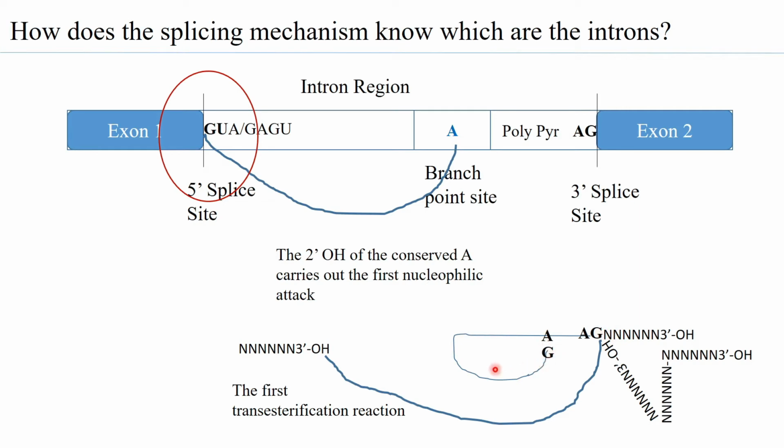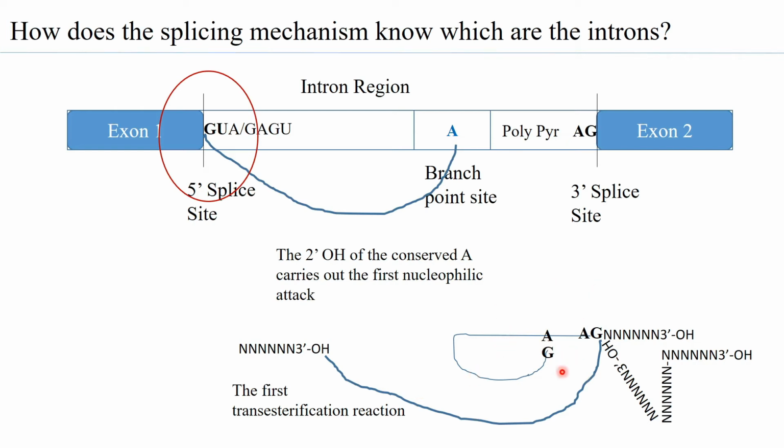So this structure that you see, where the G is circularizing on the A and you have a tail of the 3' splice site remaining, is what is called the lariat structure, and the intron is released as a lariat structure, which can be degraded.